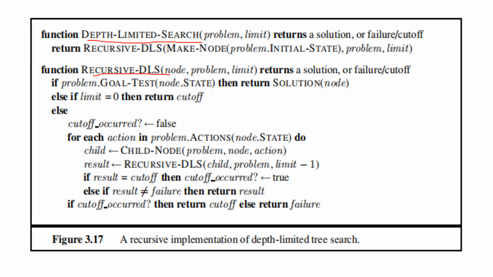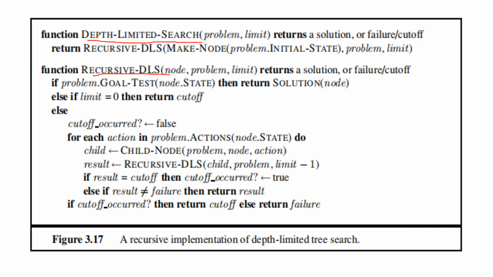So there the node is treated as a leaf node, and the search cannot go deeper. We need to return cutoff. That means we reached the limit, and till then we didn't get any goal state.